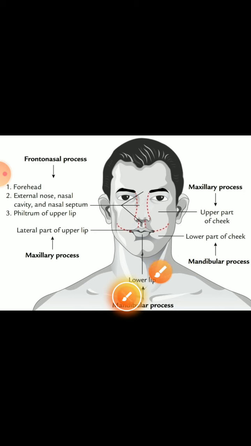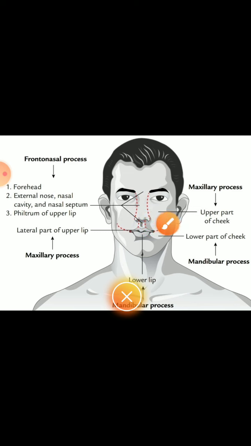The mandibular process gives rise to the lower part of the lip, that is the lower lip, and also to the lower part of the cheek, around the lower jaw. Is it clear now? Yes, we'll follow this. The frontonasal process gives rise to the forehead, the external nose, nasal cavity, nasal septum, and philtrum.